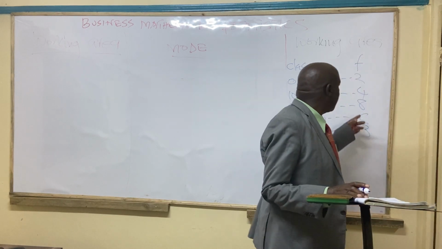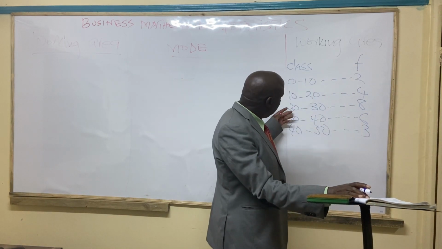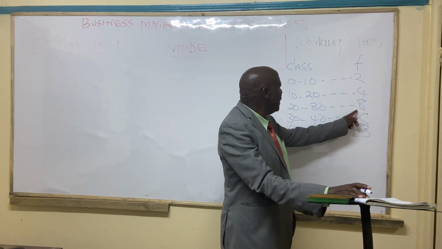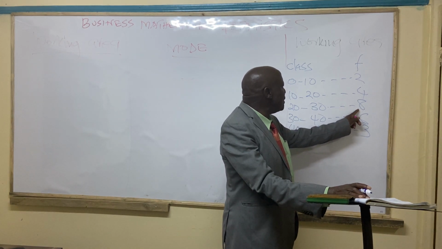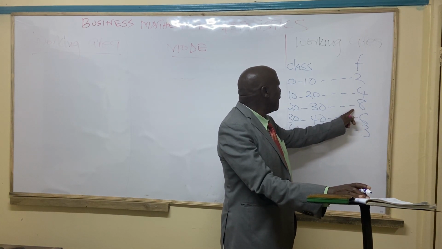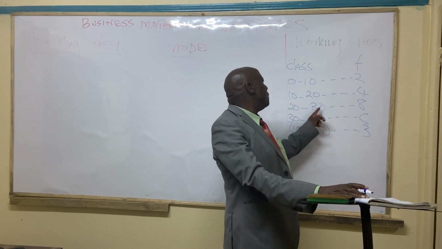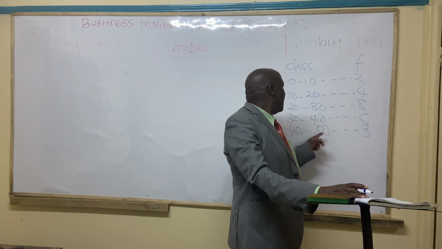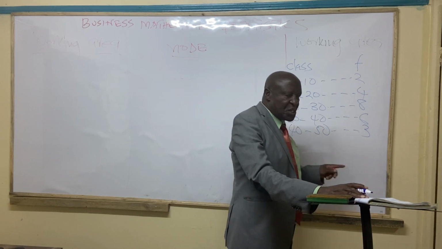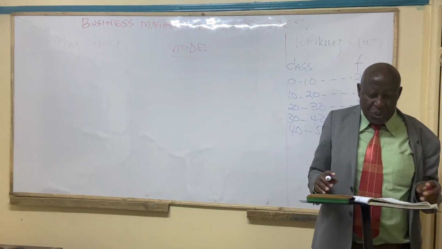Since the frequency here is 8, and 8 goes with 20 to 30, we know that the most occurring class here is 20 to 30.